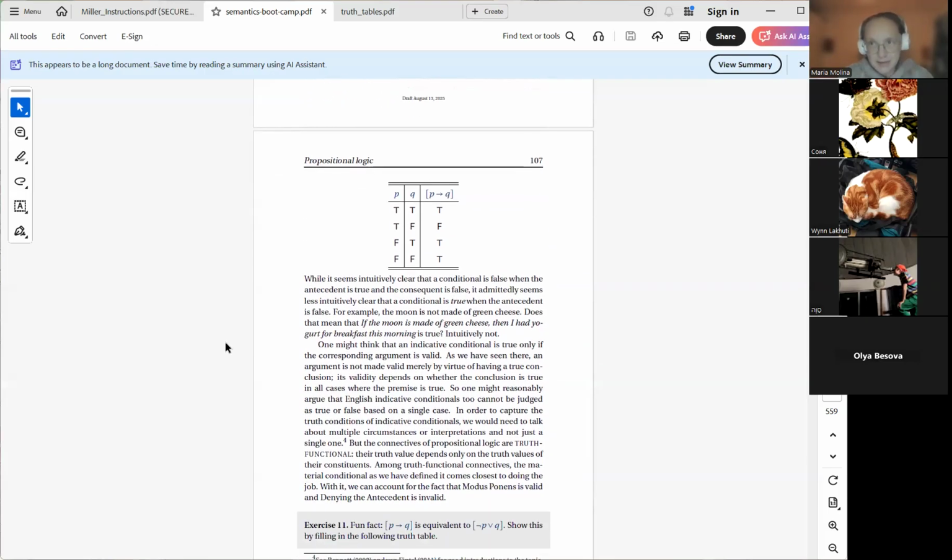Let's read it, because it's really a difficult piece. One might think that an indicative conditional is true only if the corresponding argument is valid. But as we have seen, an argument is not made valid merely by virtue of having a true conclusion. Its validity depends on whether the conclusion is true in all cases where the premise is true.